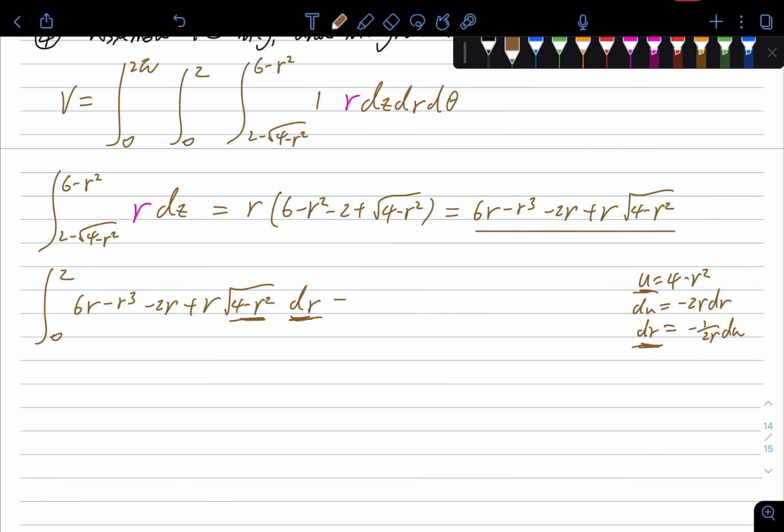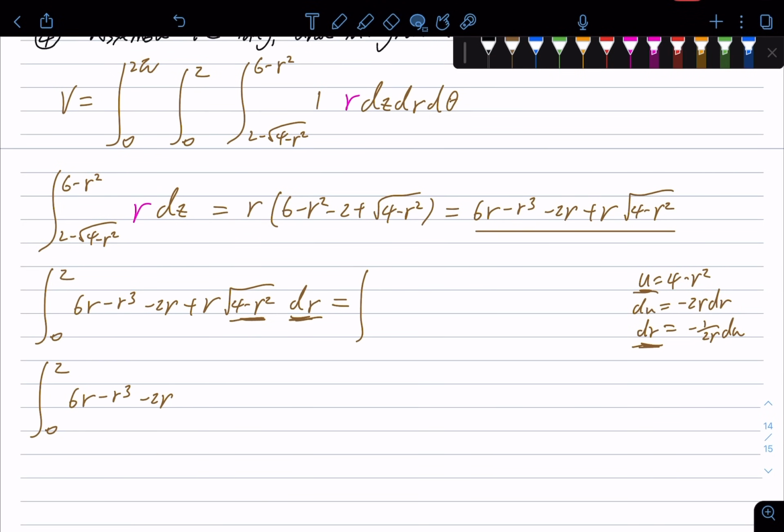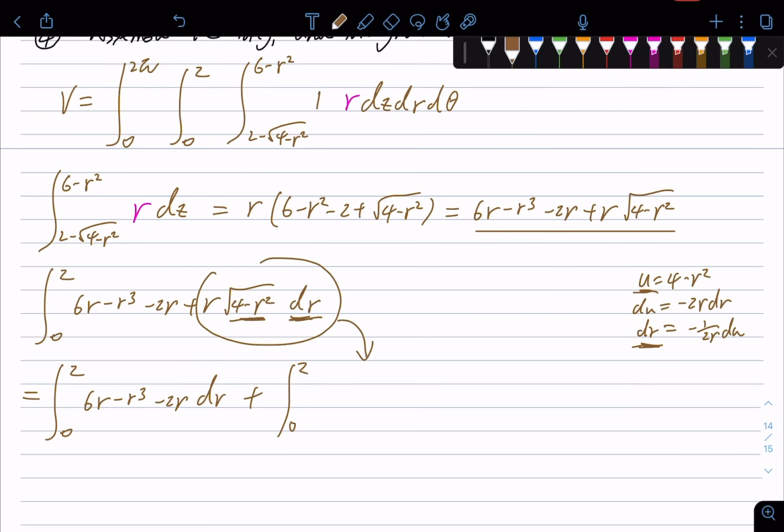So what we're going to get is, I'm going to separate these integrals, and then we're going to leave the u substitution alone. So we're going to move this into the u substitution.